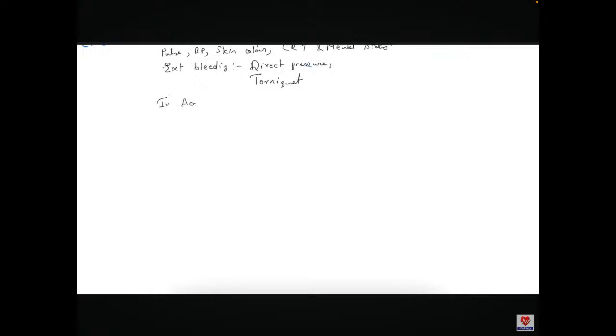Next, IV access. In IV access we have to place two large bore, like 15 gauge large bore, to draw blood, and we have to give fluids like isotonic crystalloids, 1 to 2 liters.